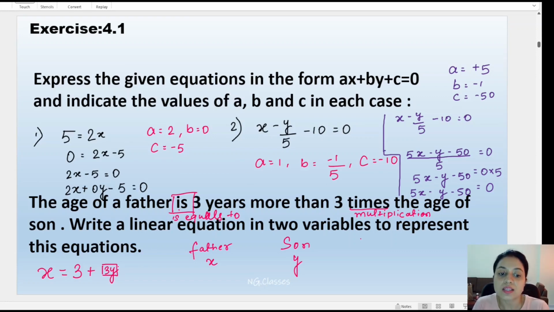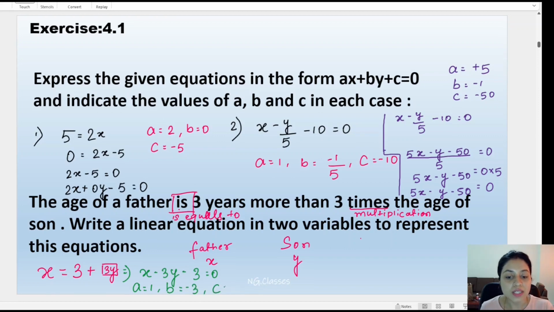That is x is equals to 3 plus 3y, which can be written in the standard form as x minus 3y minus 3 is equals to 0. And if we will compare it with the standard form, we can say the value of a is positive 1, value of b is negative 3, and the value of c is also negative 3.